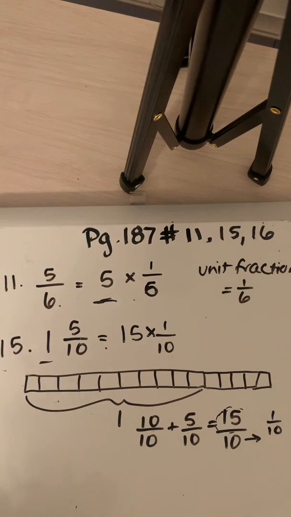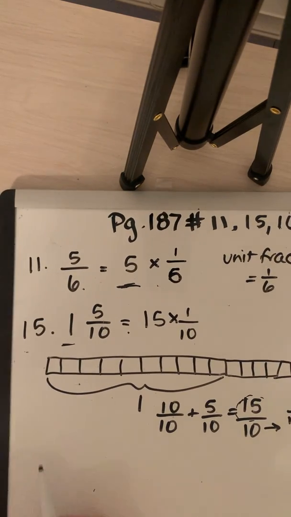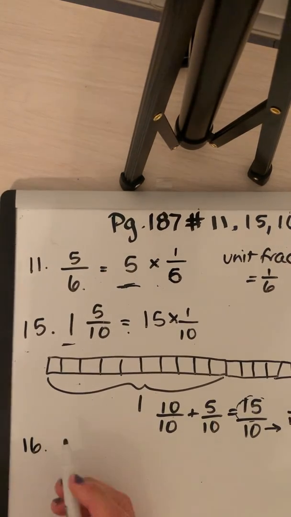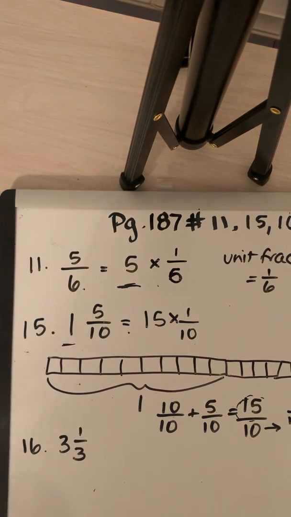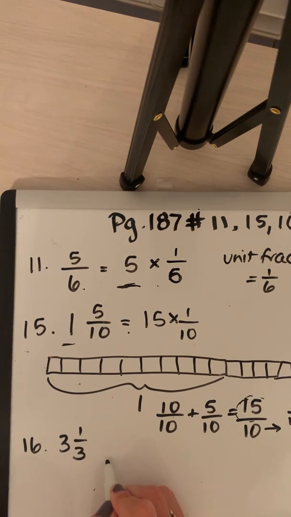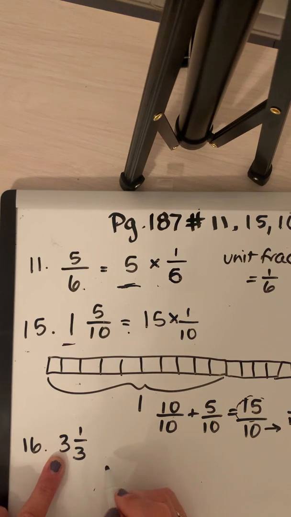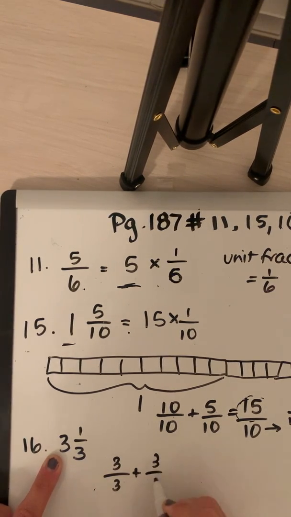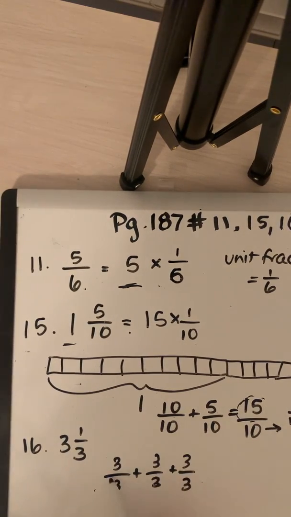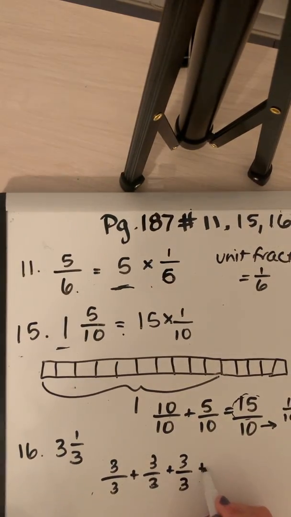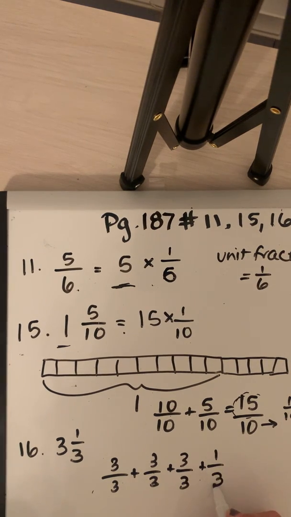When I go to number 16, I have 3 1/3. When I have 3 1/3, I know that my whole is 3/3. So I have 3 wholes. So I can say 3/3 plus 3/3 plus 3/3. Those are my 3 wholes. And then I still have my 1/3.